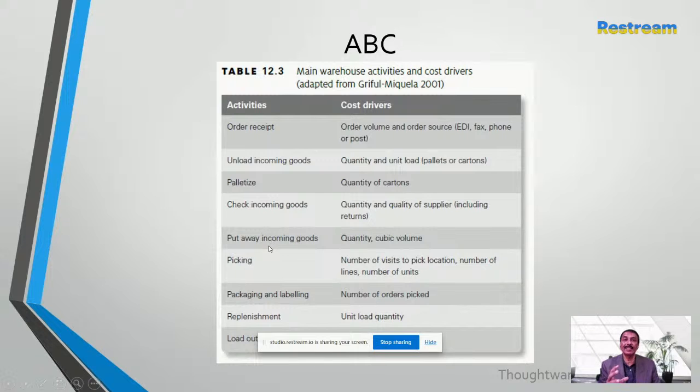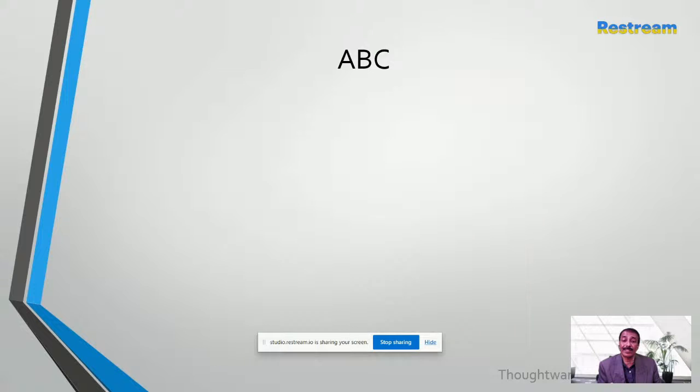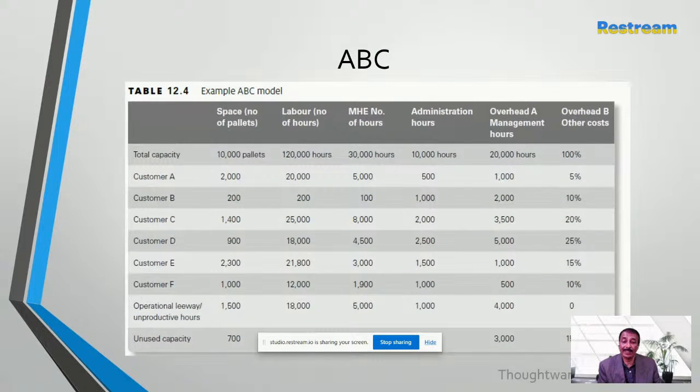Like this, various activities in the warehouse are captured individually, either product wise or customer wise, and then the cost is estimated.